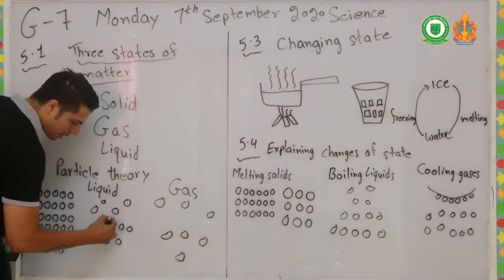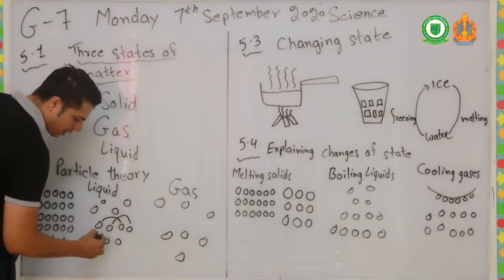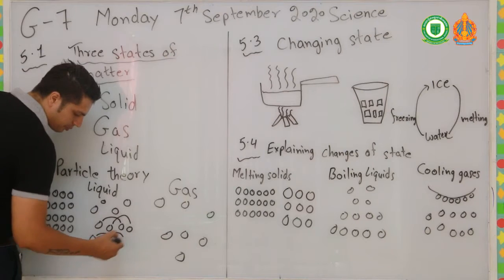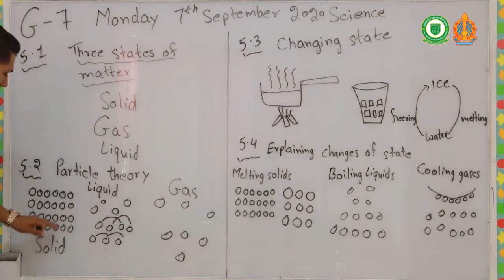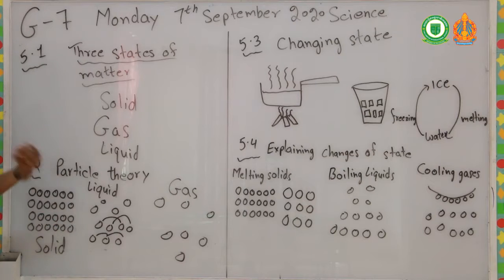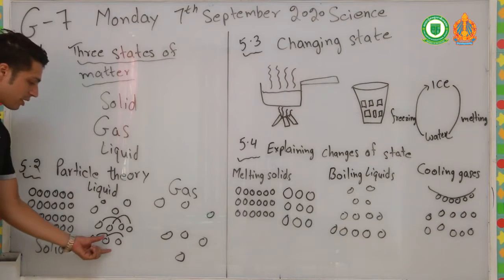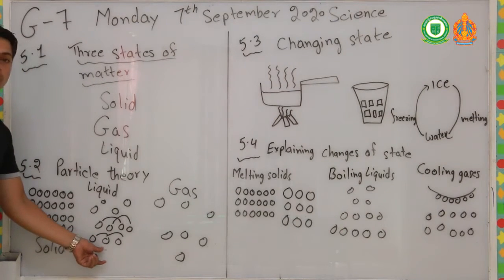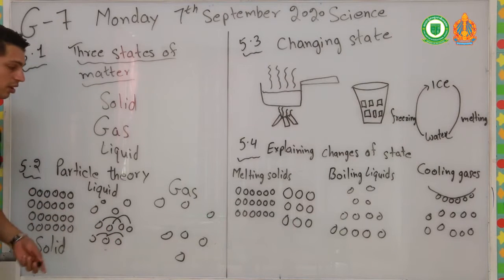This particle can go here, this can go here, like this. But in solids they cannot, because they are in a fixed pattern and have strong attractive forces, so they cannot go past each other. But in liquid, they can go past each other.